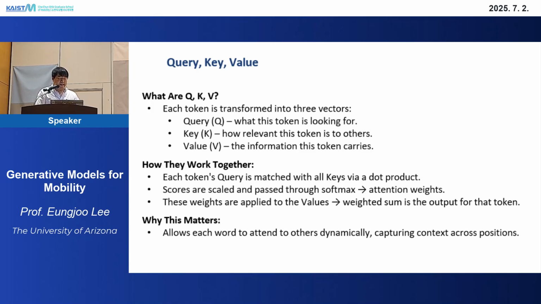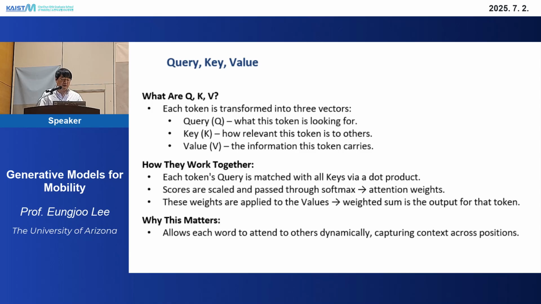They have query, key, and value, and each token is transformed into three vectors. One is the query, basically what this token is looking for; the key, how relevant this token is to others; and the value, the information this token carries. How they work together: each token's query is matched with all keys via a dot product, and scores are scaled and passed through softmax, and then you get attention weights.